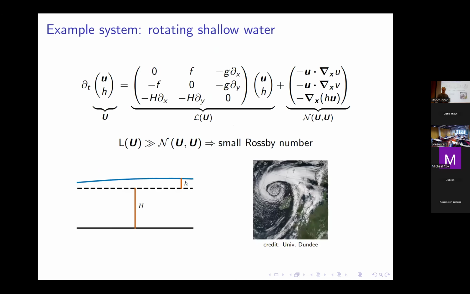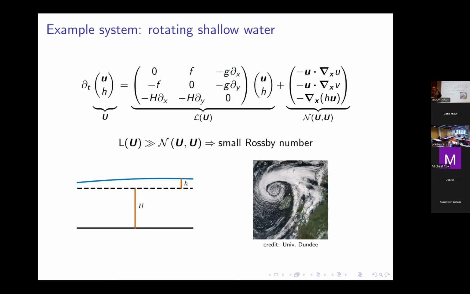A geophysical example of this would be the rotating shallow water system, which I'm sure many of you are familiar with. So the big U here is a vector of our system variables. In the rotating shallow water system, this would be the horizontal velocity, little u, and then h, which here is the height perturbation.